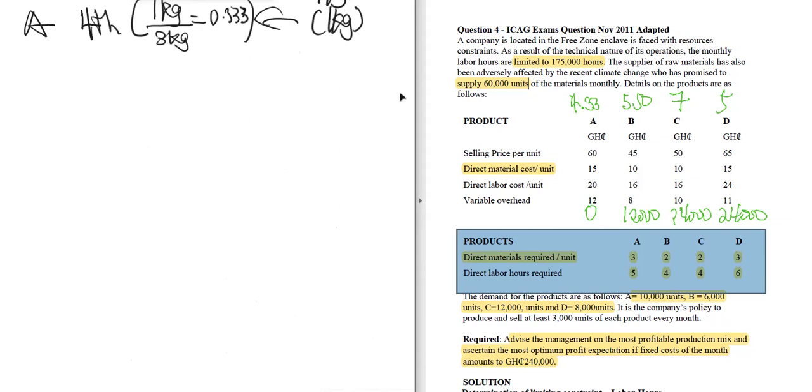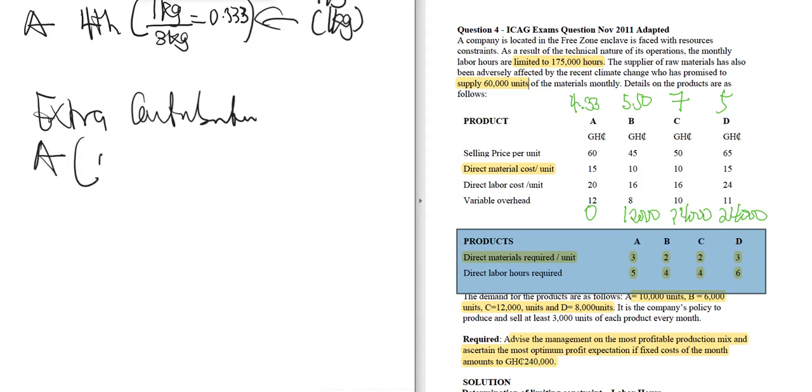So this 0.3333 units, what extra contribution does it generate? So the extra contribution it generates is the contribution on A, which is this 0.3333 units times the contribution per unit. For A, its contribution per unit, what did I write down for their contribution?